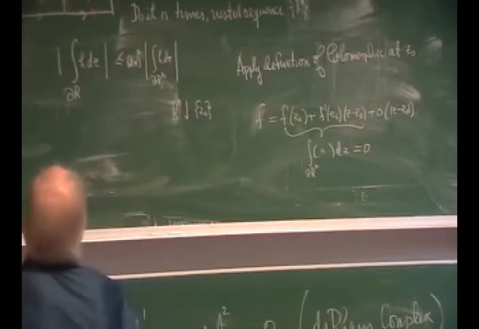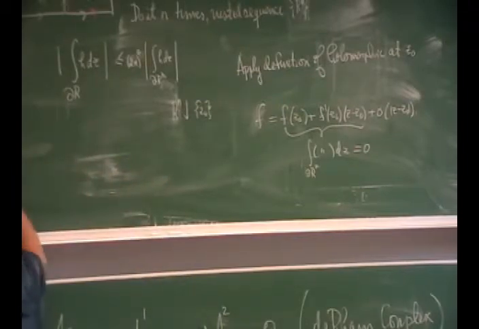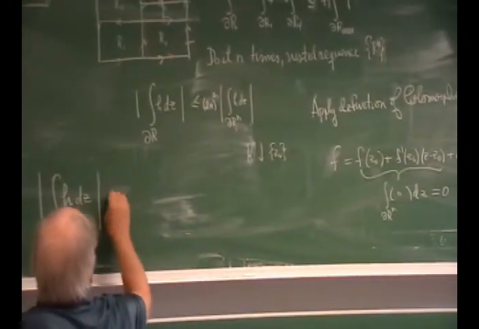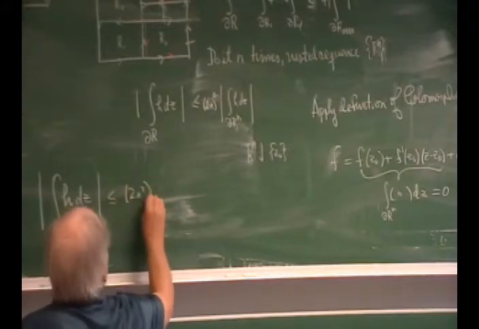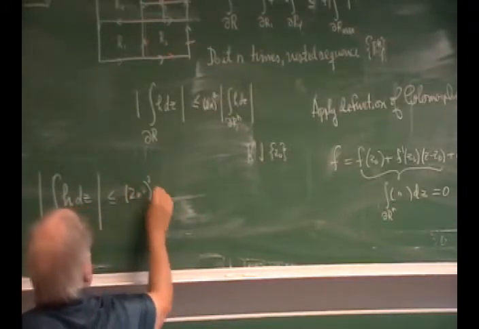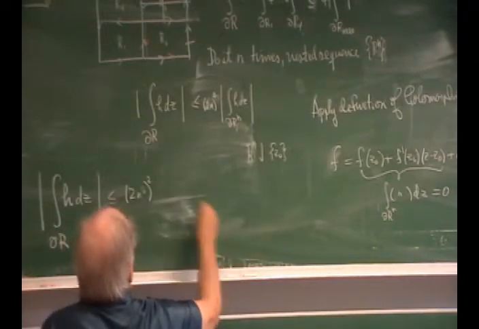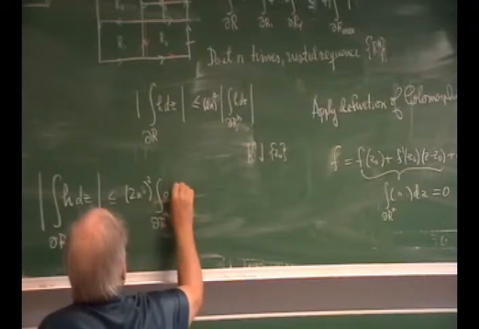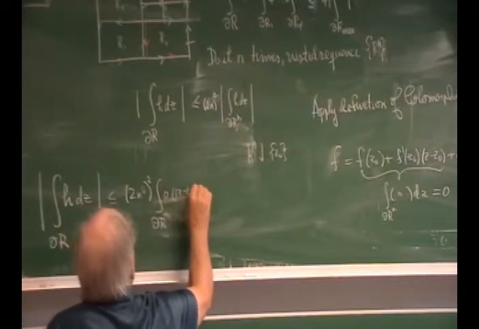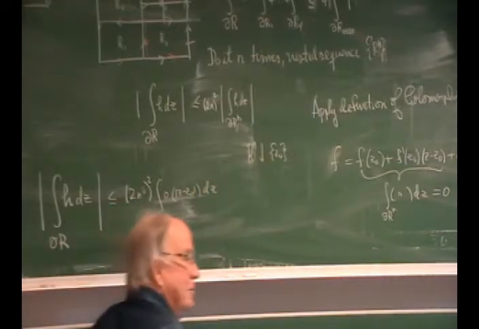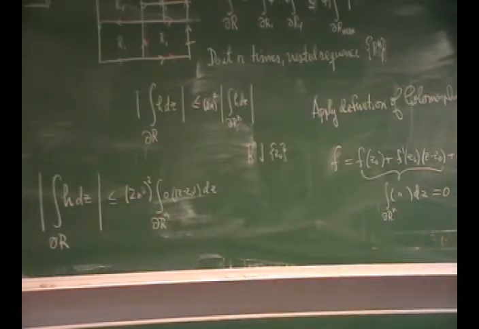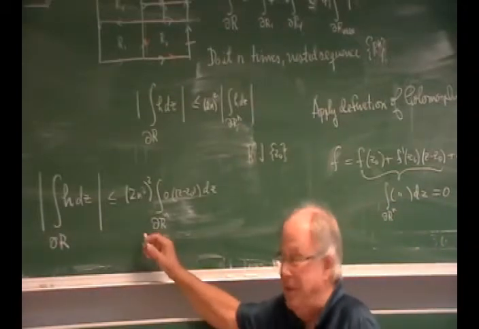Okay, so what we have is the integral over the boundary of Rn of f dz is less than or equal to 2n squared, that's some trivial thing, put the square out here, times the integral over Rn of little o of z minus z0 dz, because the integral of the affine piece, the linear piece, is 0. Right? And you're not surprised to know that this goes to 0.